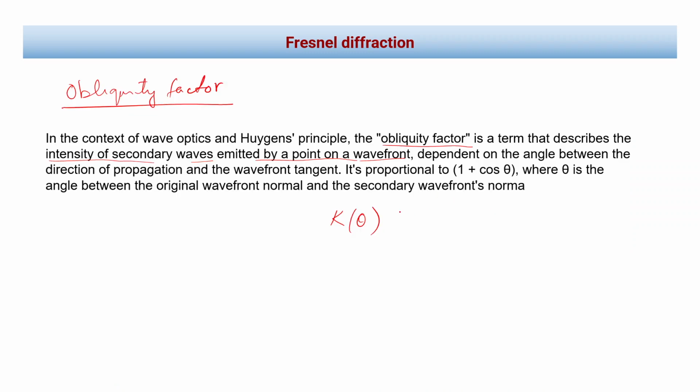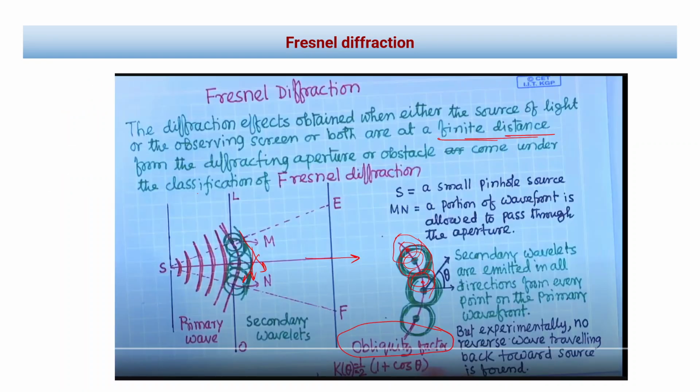So it is dependent on theta and is proportional to 1 plus cos theta, where theta is the angle between the original wavefront normal and the secondary wavefront normal. This is known as the obliquity factor. Secondary wavelets are emitted in all directions from a point, but experimentally we do not consider the reverse one. It's not found. So we only consider the forward-moving one, and we take the tangent of it to get the secondary wavelet.